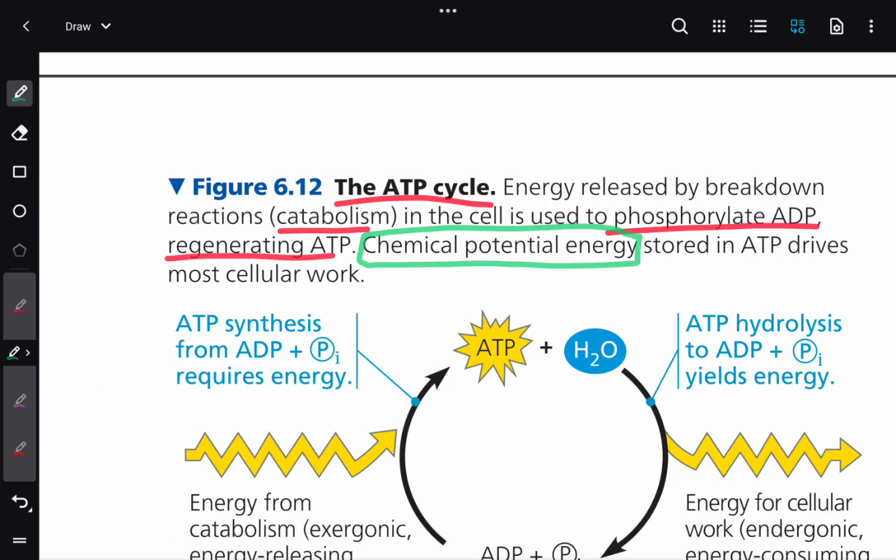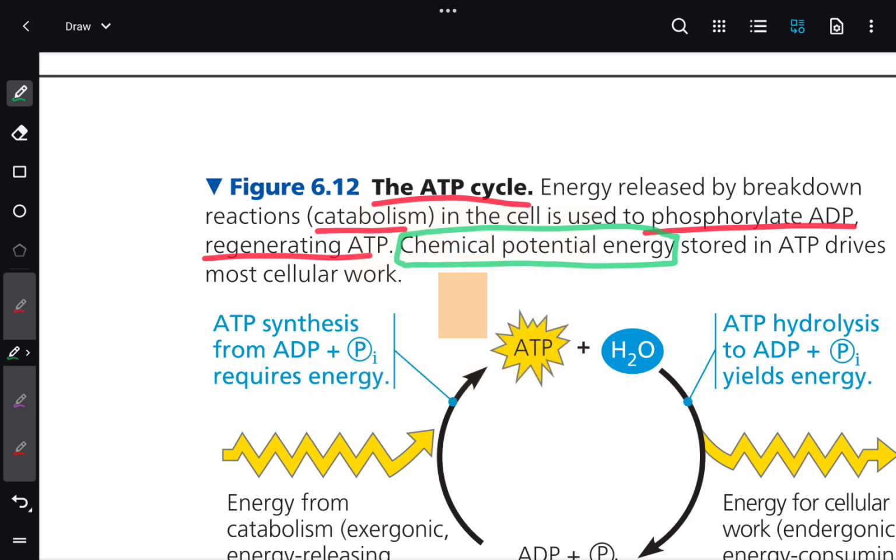ATP itself is like a person who climbed to the top of a ledge, and if the person falls, the potential energy that this person has will be released, and it will drive the fall, because of gravity and whatnot.